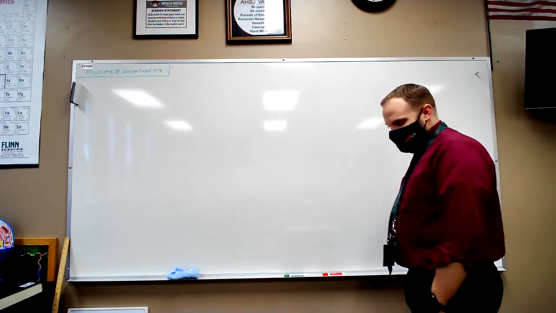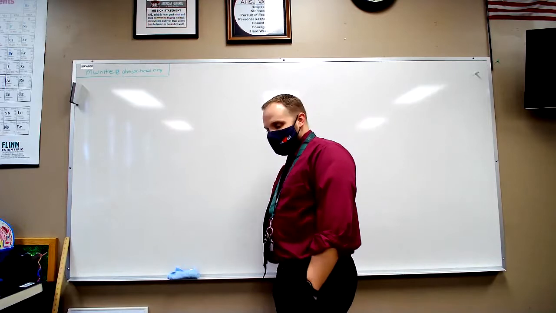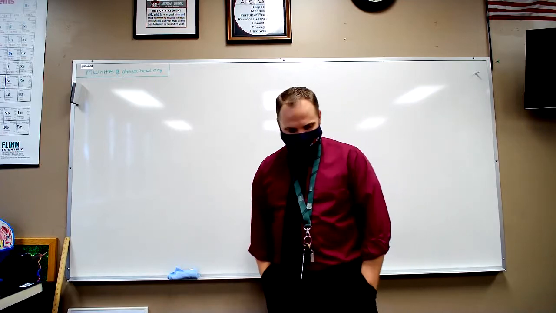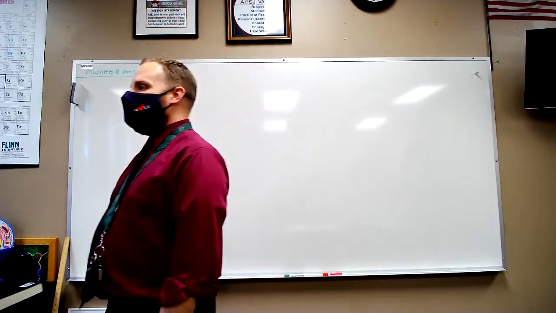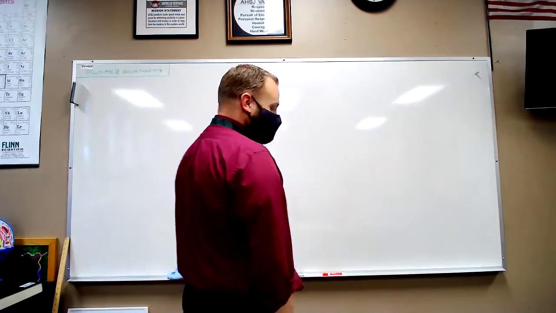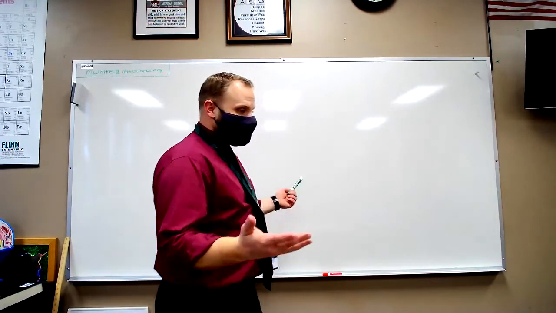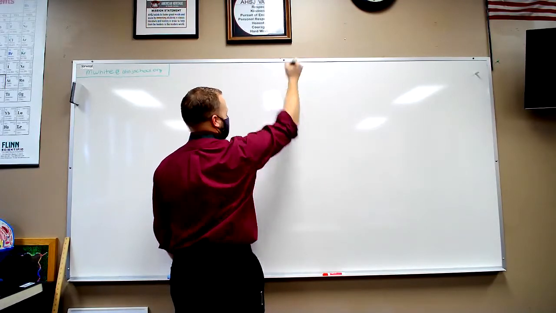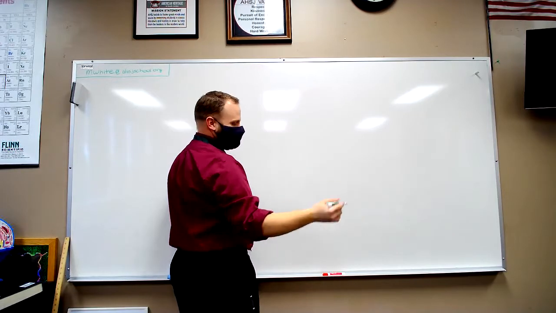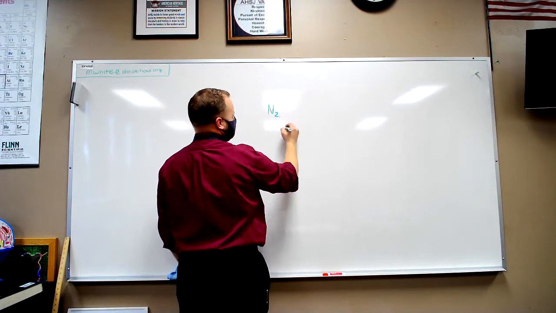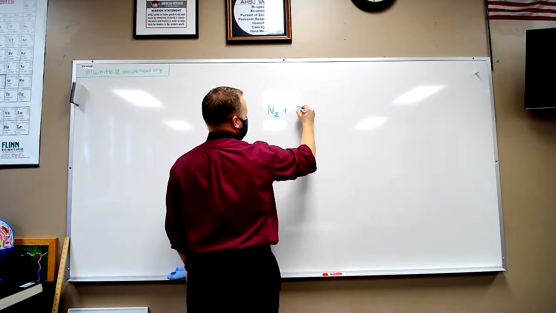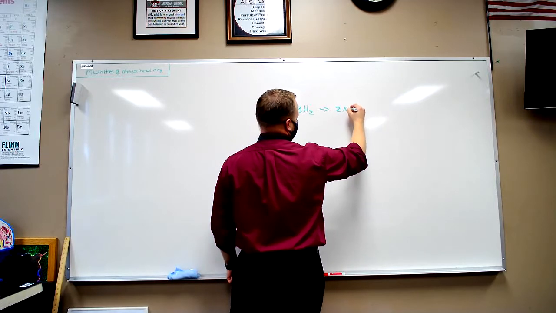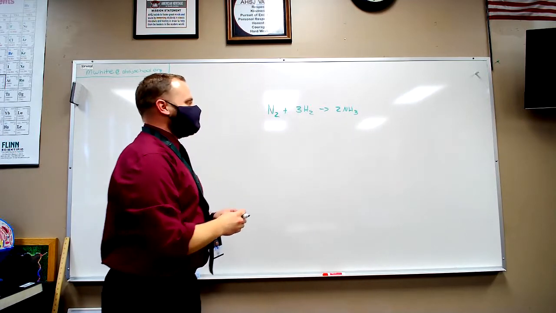And typically, the reason why we would have some of these reactants left is because these reactions are what we call reversible. And basically, reversible means you can reverse it. It can go the other direction. So the equation that we're starting with, we said, okay, we've got nitrogen and we have hydrogen, and we're making ammonia.